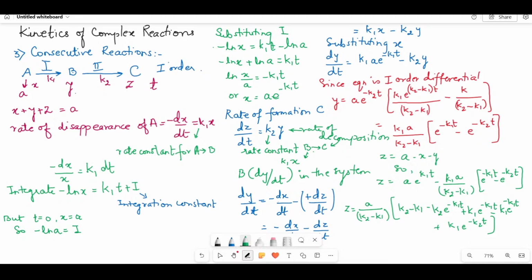So we will bring this in as common, and what we have is another equation, that is z is equal to a divided by k2 minus k1, inside the brackets k2 minus this, and this we will bring together.